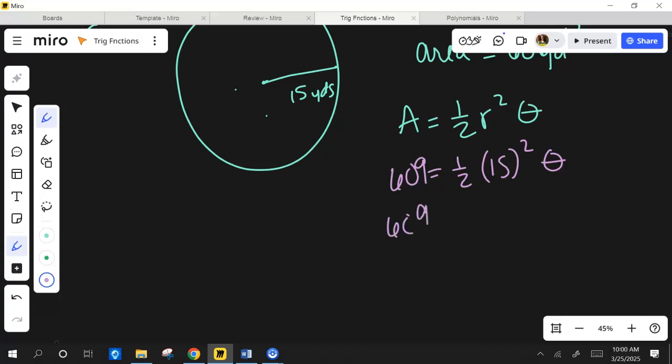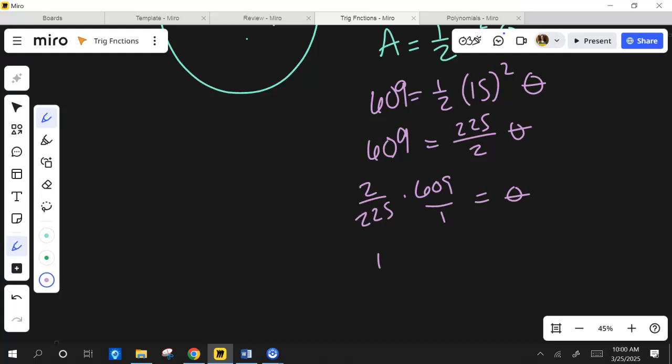So this is 609 equals 225 over 2 theta. I'm going to multiply by the reciprocal. You probably did all this on your calculator, which is A-OK. But 2 over 225 times 609. Don't tell me. 1218 over 225.